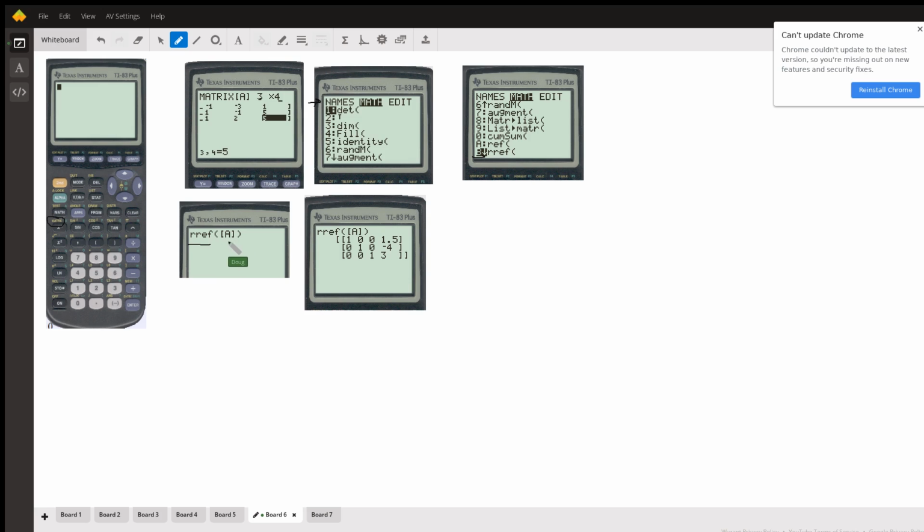Then you've got to get A. Well, I hit second matrix again and go to the names column and just position on matrix A. And then I click the enter key, and there's your reduced row echelon form for matrix A. And there's your answers again: x, y, and z.